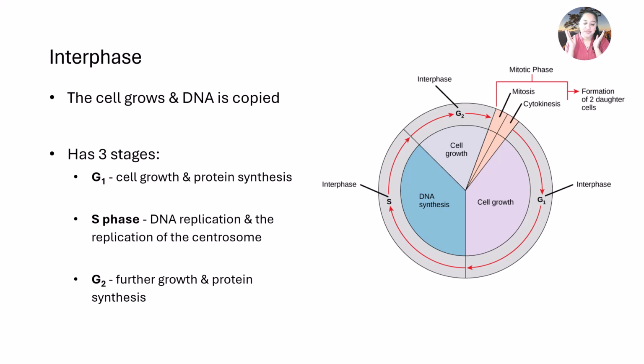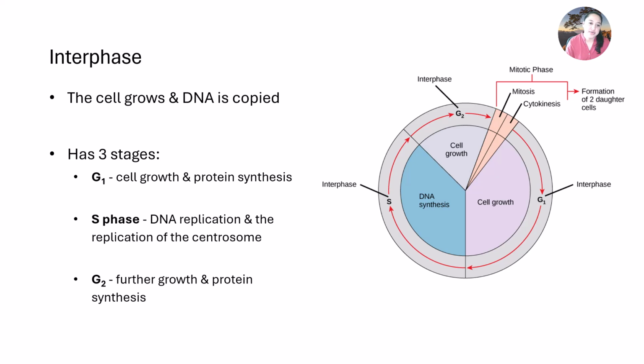If the DNA for that cell is incorrect that you copied, eventually when that cell divides, it's going to carry on that wrong DNA and just keep carrying on mutations. So DNA synthesis in S phase, when you're copying the DNA, is pretty important. Your cell takes a while to do that to make sure it's doing it correctly.